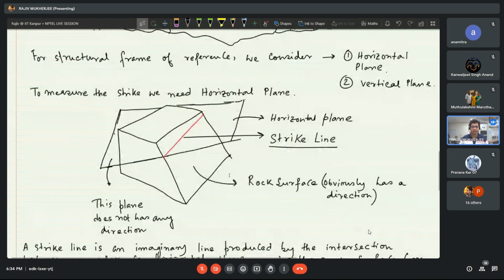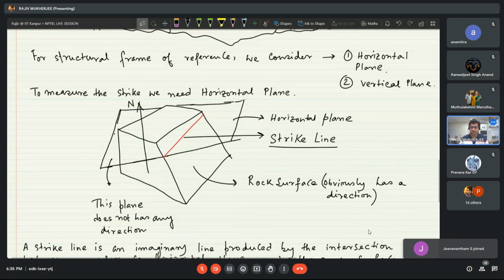So say for example, this is the geographic north, and this is our strike line. So if we extrapolate our strike line, then we can find this angle.